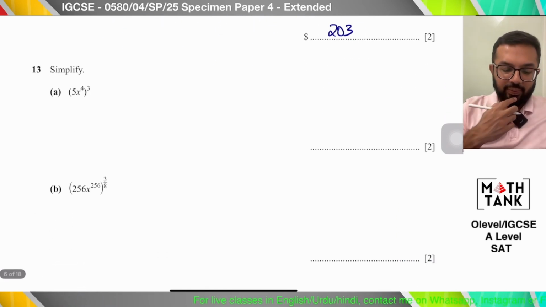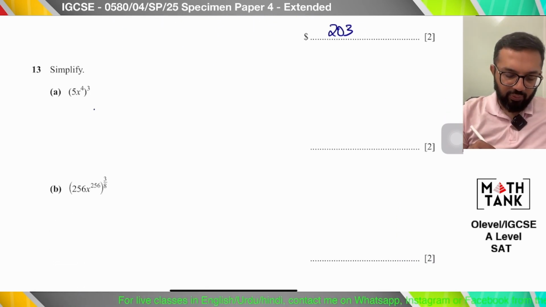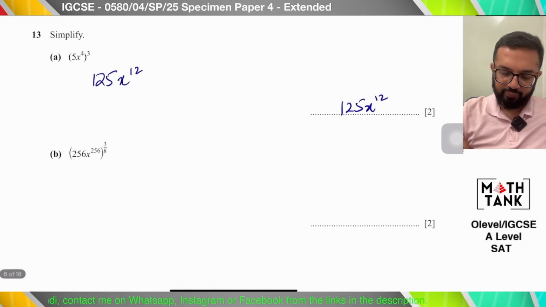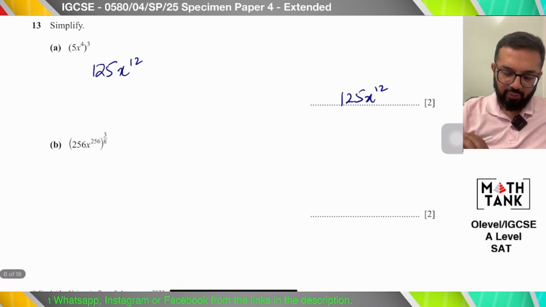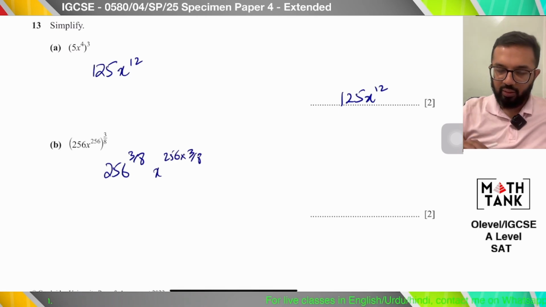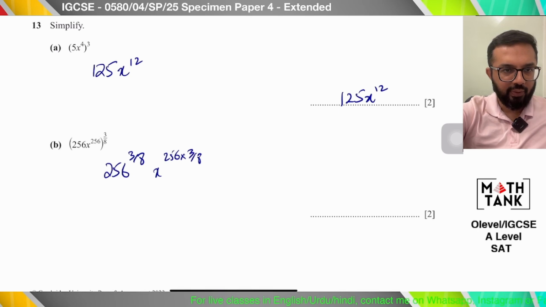Then that's simple algebra. I get 5 power 5 cube is 125 and x power 12. Okay, I could do 256 power 3 over 8 on my calculator. I don't think there's any mark for working there.